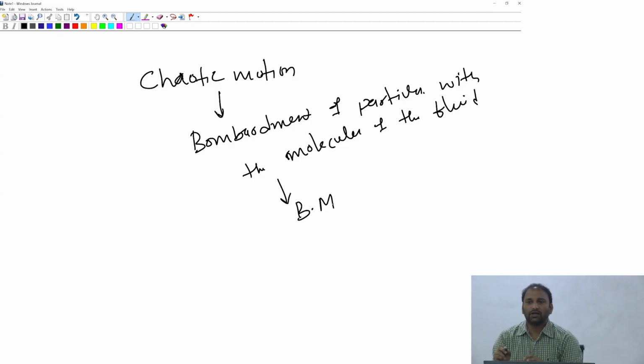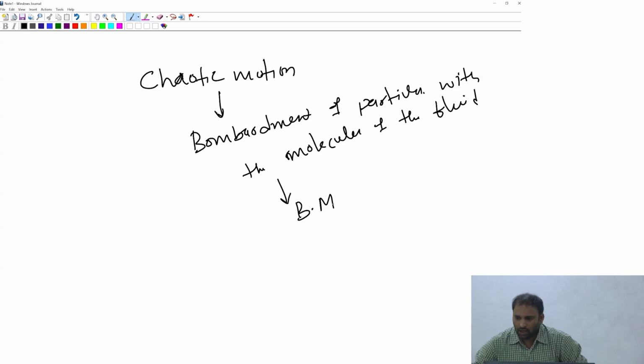So the particles really do not move in any particular direction. This is a random motion, which exists purely because there are molecules and atoms that constitute the fluid in which these particles are dispersed.